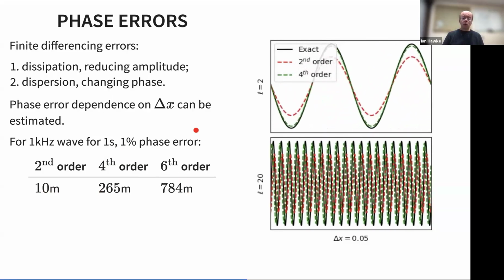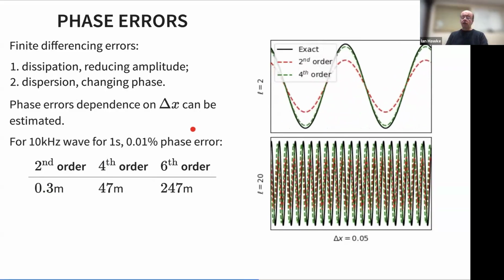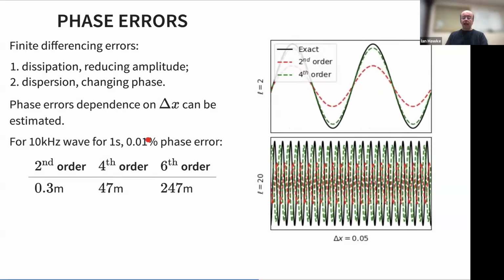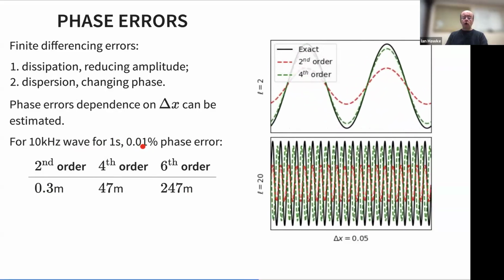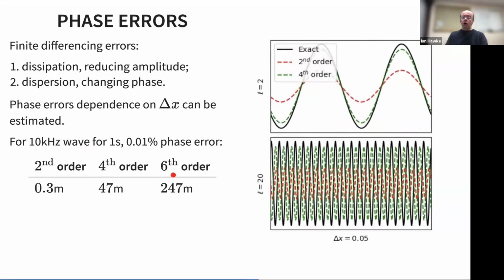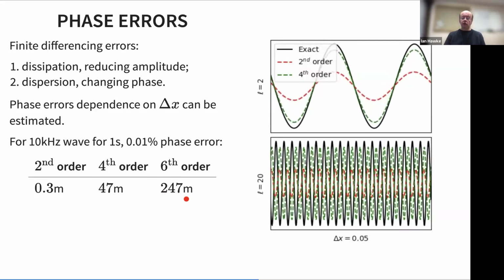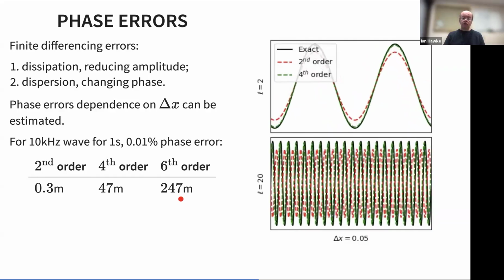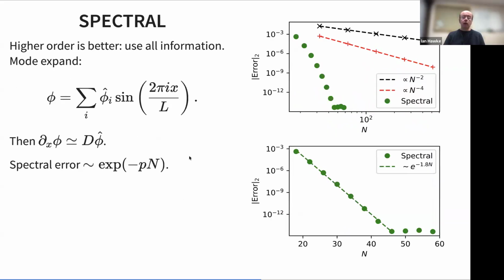When moving towards 3G detectors, which have a wider sensitivity band and have greater phase error requirements, we see even with the high order schemes, we're going to need to use a very large number of points in order to capture these waves accurately.